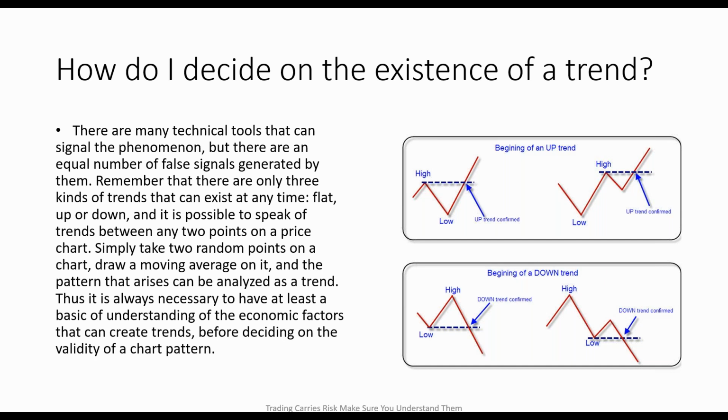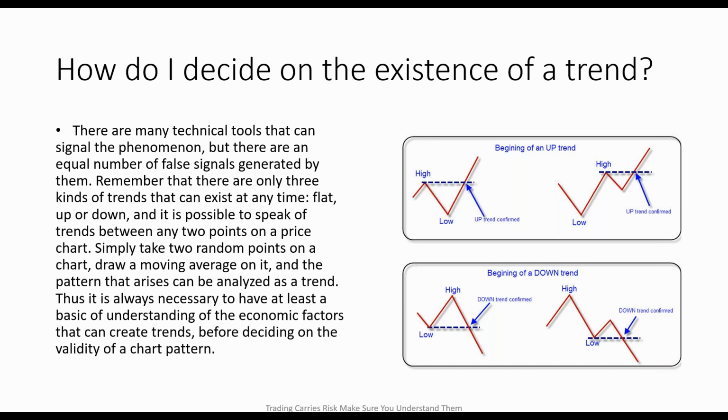Now, there are many technical tools that can signal the phenomenon, but there are an equal number of false signals generated by them. Remember that there are only three kinds of trends that can exist at any time: flat, up, or down. Flat can be called sideways or congestion.